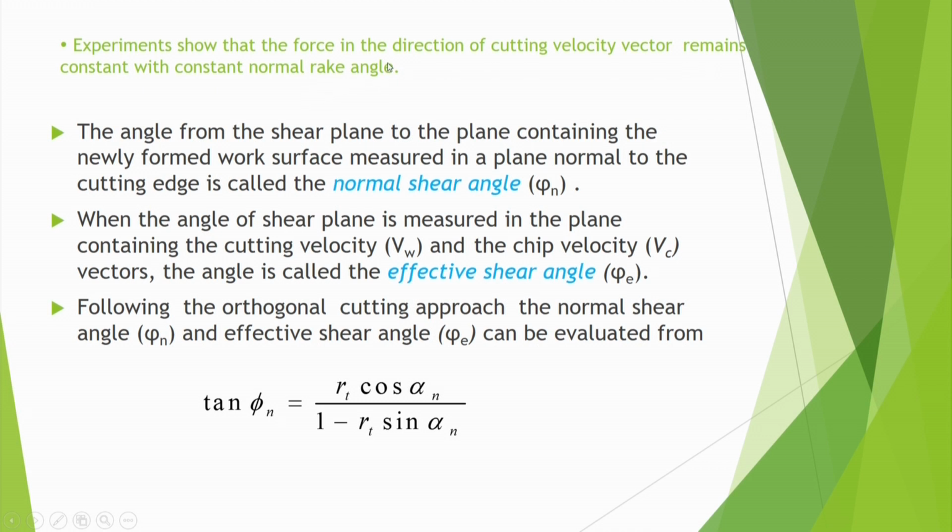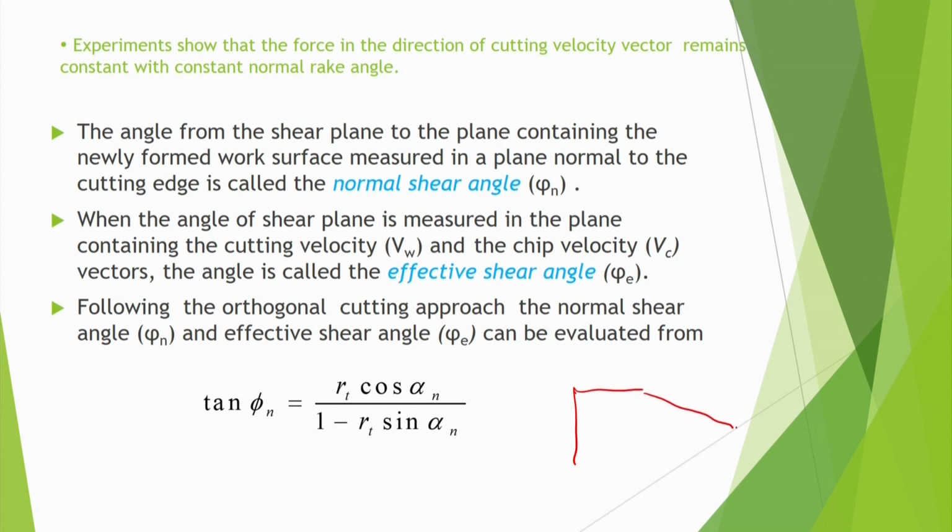So again I am emphasizing the point that the normal rake angle is more important. The angle from the shear plane to the plane containing the newly formed work surface, measured in a plane normal to the cutting edge, is called the normal shear angle. You have known the shear angle. In 2D it was very easy for me to explain.